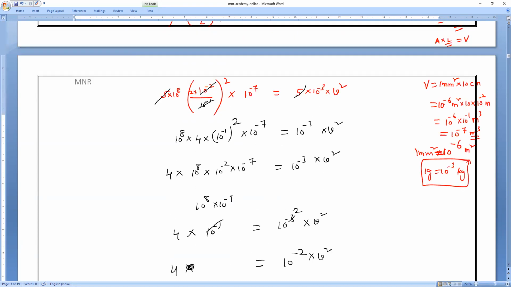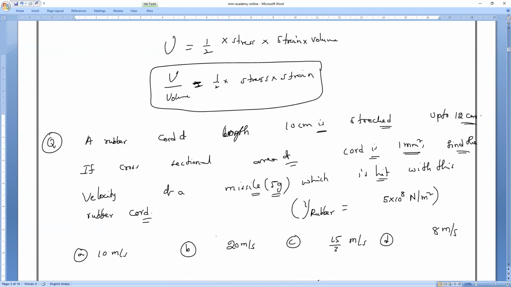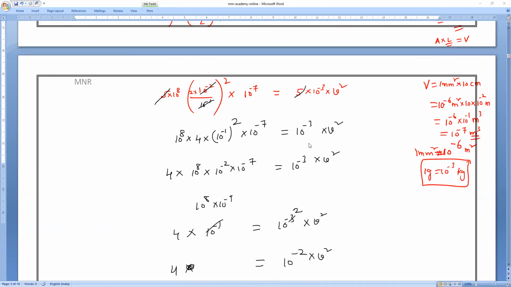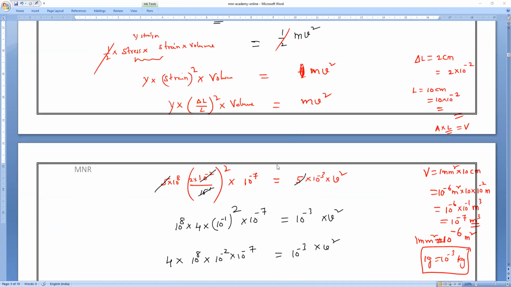So what is the correct option? Option number B. Solve it, everybody. If there is any doubt in this question, you can ask me. I will explain. Mr. Narayan, any doubt? Pradosh, you can ask. Understand? Yes, sir. Do it.